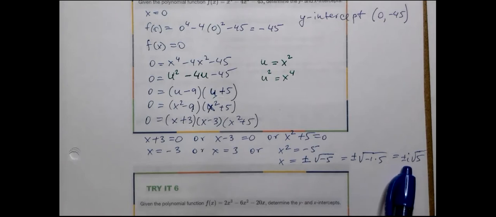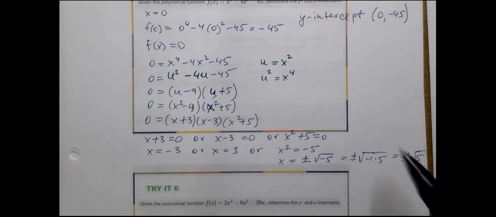Remember, we mentioned that when a quadratic equation has irrational or complex roots, they always come in pairs, in conjugate pairs. So this is a conjugate pair. This is a positive i root of 5 and negative i root of 5.